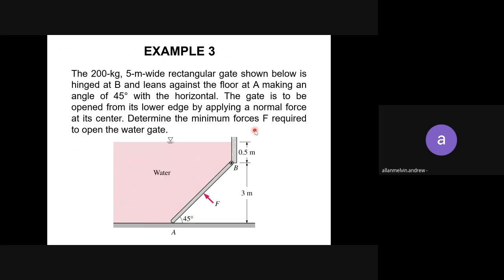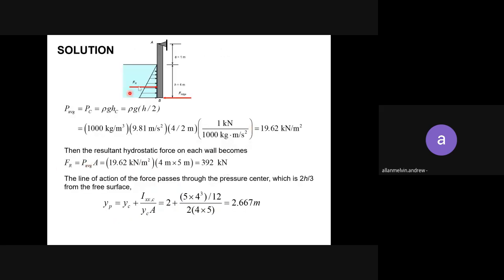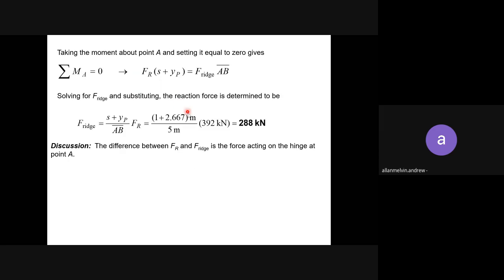Okay. So here FR is 392 and the force at the reach is 288. So where does the balance go?